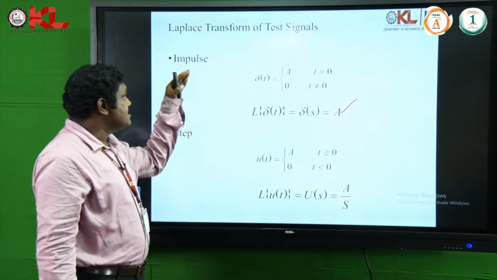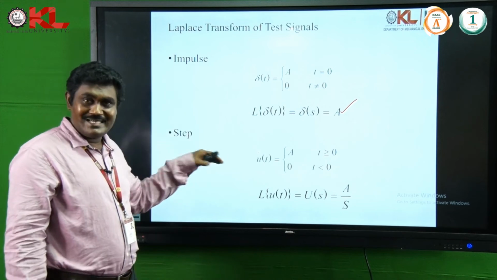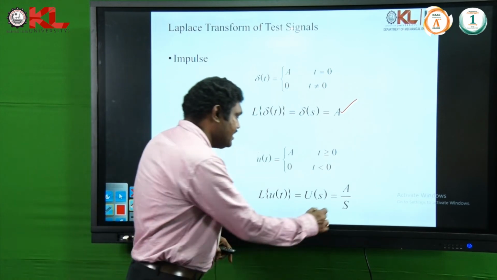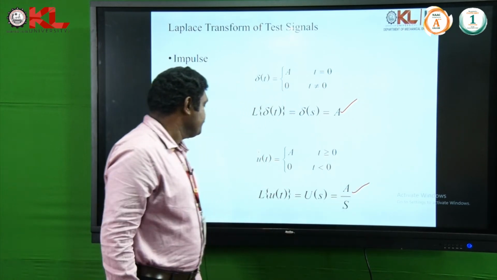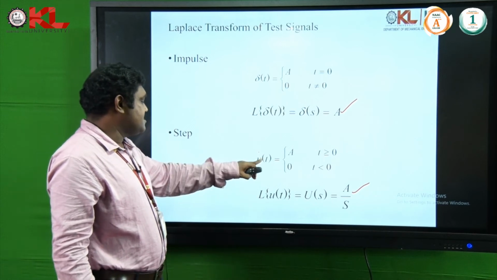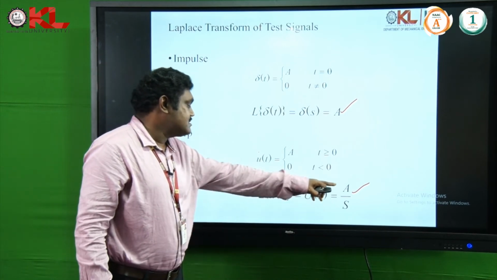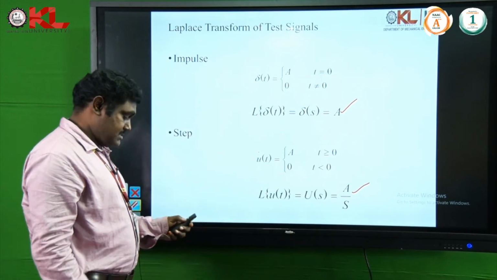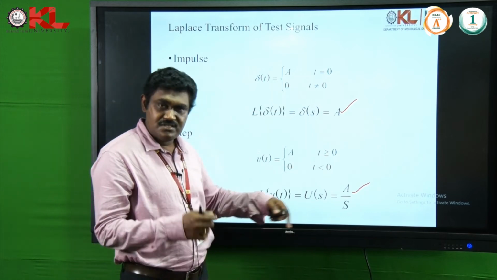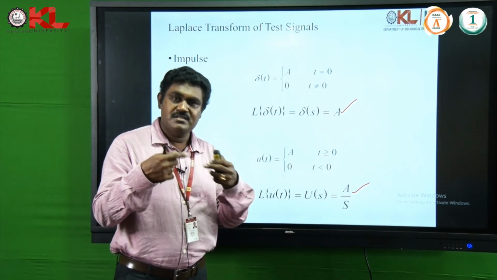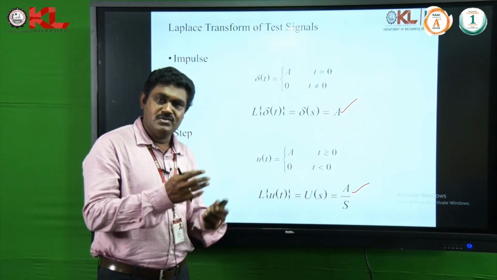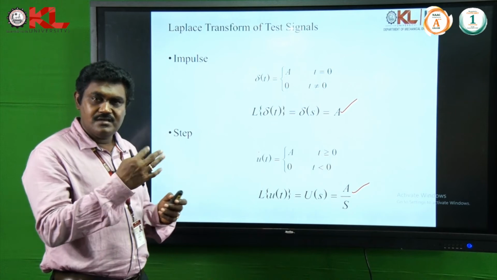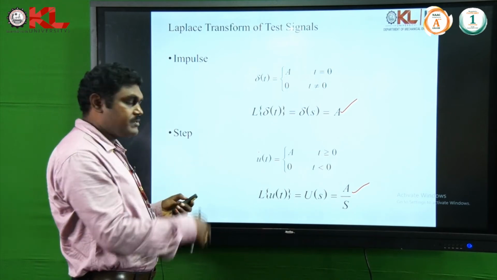And the Laplace transformation of the step test signal is A by s. That is, the Laplace transformation of u of t, that is U of s, is A by s. These are very much required for modeling all the equations and finding the solutions of these different equations; we require the Laplace transformations.